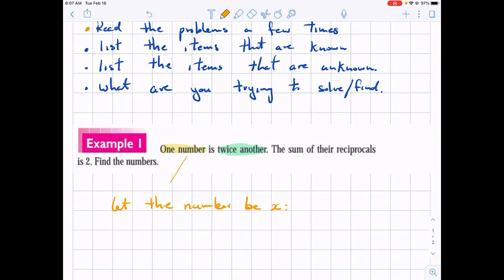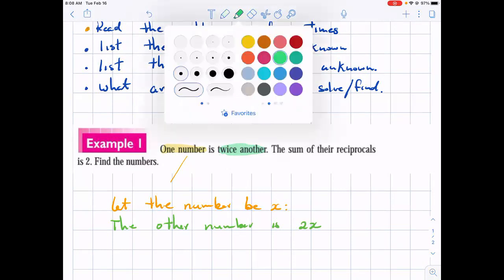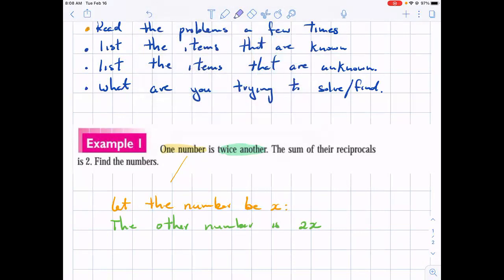So if the first number is x, then the other number is 2 times x. Yeah, because one number is twice another. So if one of them is 2x, the other will be x.